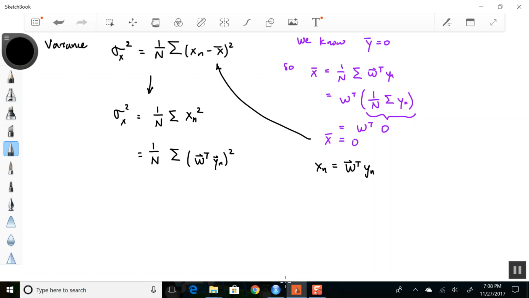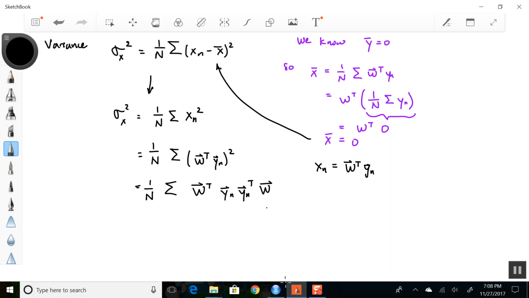I should add little vector symbols here. Okay, and multiplying this out, we get w transpose yn yn transpose w.